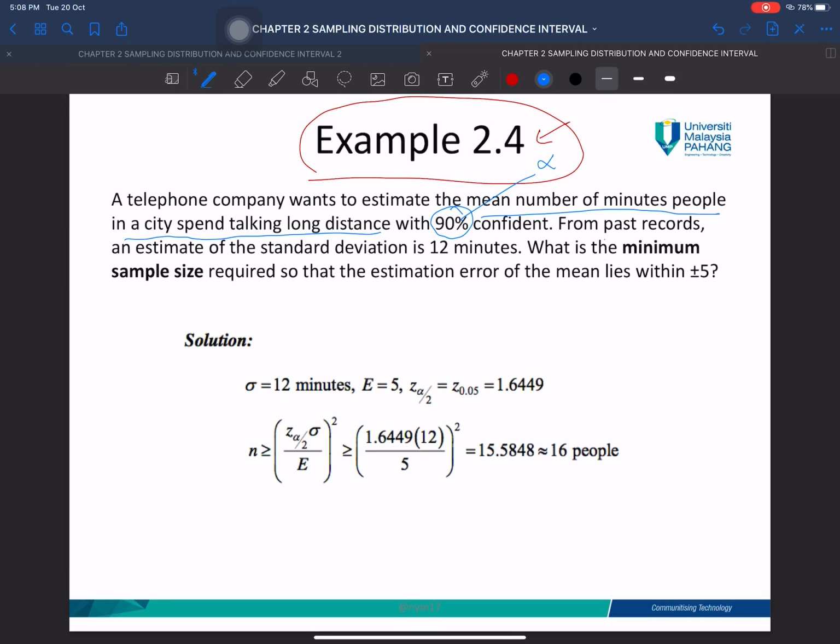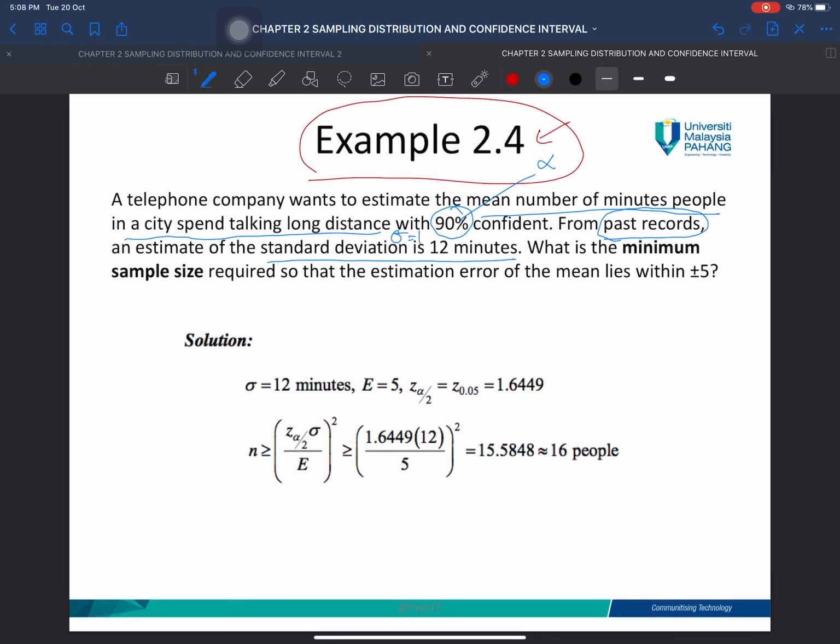Okay, so from the past record, an estimate of the standard deviation is 12 minutes. When we say past record, past study, previous study, something that already happened, it is a parameter value. If that value from the past record, past study, already gets that value before we start the new research, then it is a parameter value. So the standard deviation here is sigma.